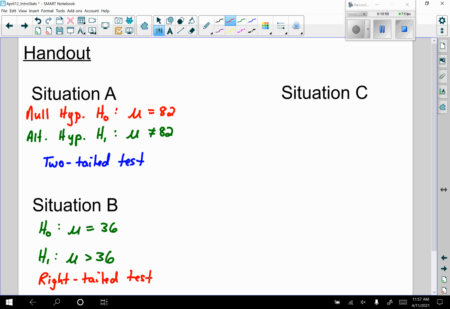And then our third situation here, if you want to pause the video to read that over. All right, so this says a contractor wishes to lower heating bills by using a special type of insulation in houses. If the average of the monthly heating bills is $78, his hypothesis about heating costs with the use of insulation will be what?